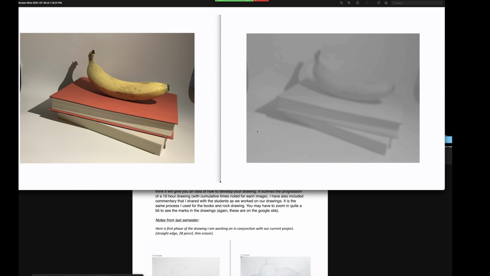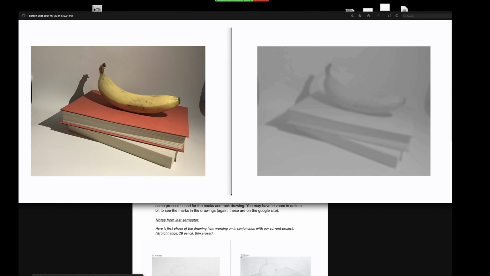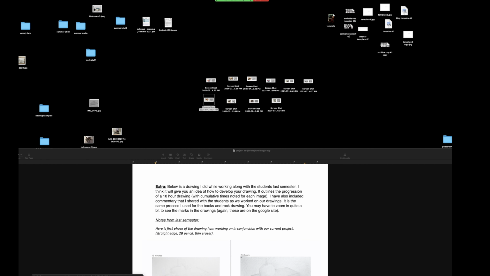But it just gives you a sense of how to interpret the world of color into the world of value. And notice that I blurred it as well, because I want you to understand that to finish a drawing, you do it at the end, not the beginning, right?